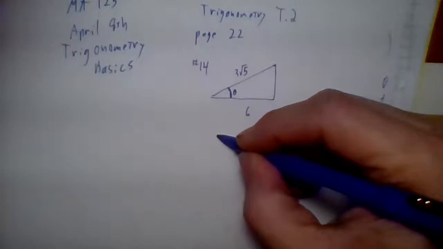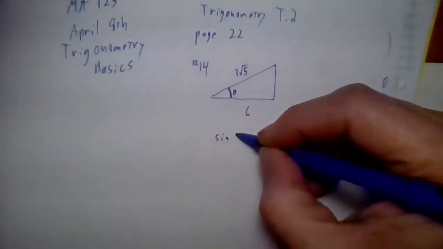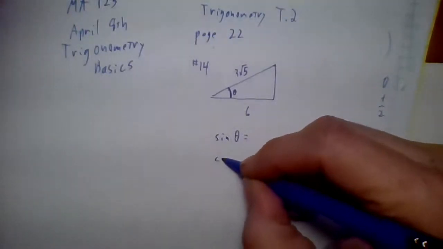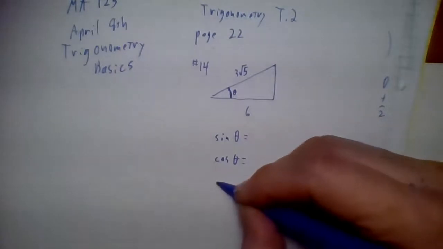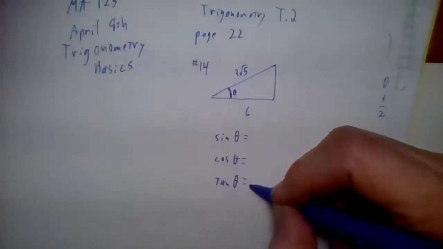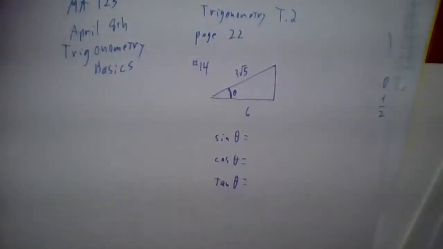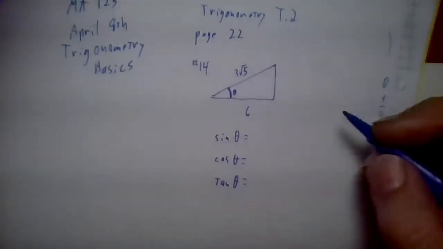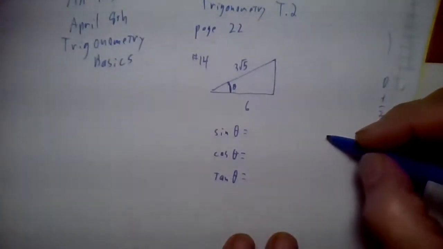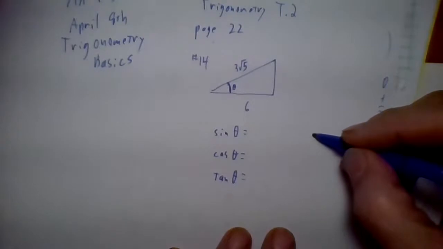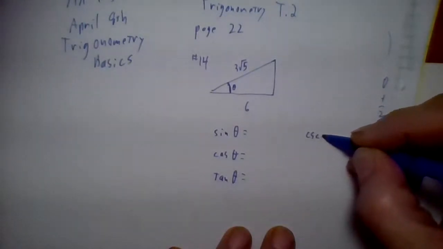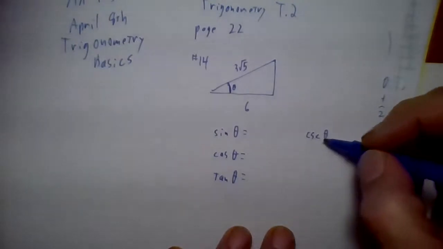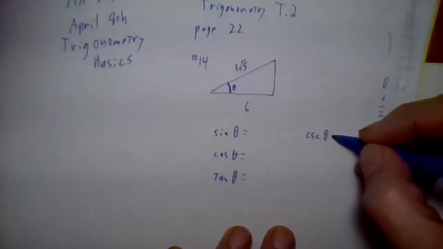I'll list them because we have to answer all of these anyway. So I want to know what sine of theta is, and what cosine of theta is, and what tangent of theta is. So these are introduced in here. And then the other 3 kind of go with it. I'm going to write them next to this because they go together with what's happening. The cosecant of theta is one of the fancier ones, but it's just the reciprocal of sine.